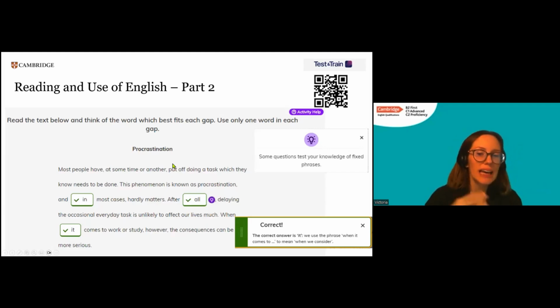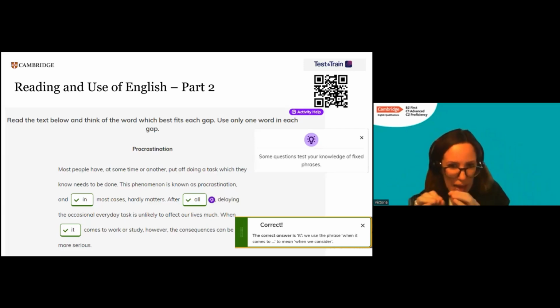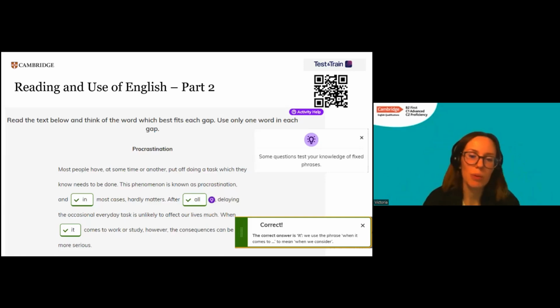Okay, so here we've got examples of situations in which you need to look at the sentence and not really much more, right? Because we are looking at something which is very close to the gap to look for hints and clues.